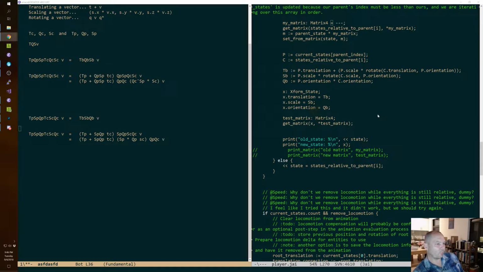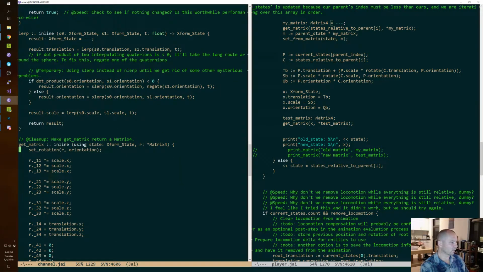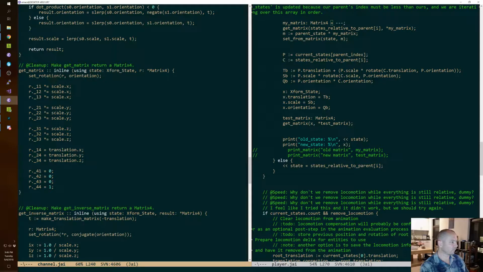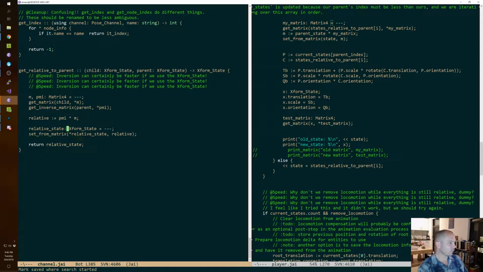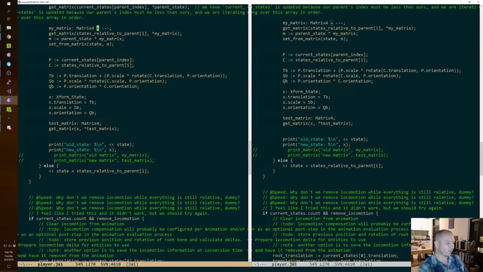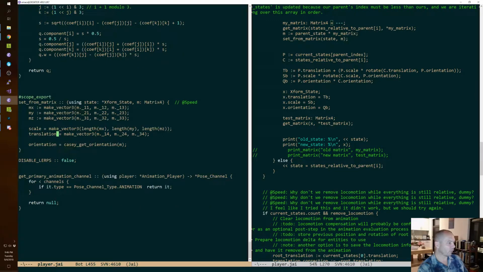Okay, how am I screwing up scale? How is my get matrix and set from matrix in different files? That's absurd.